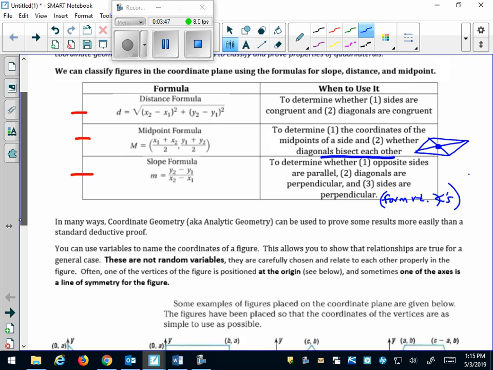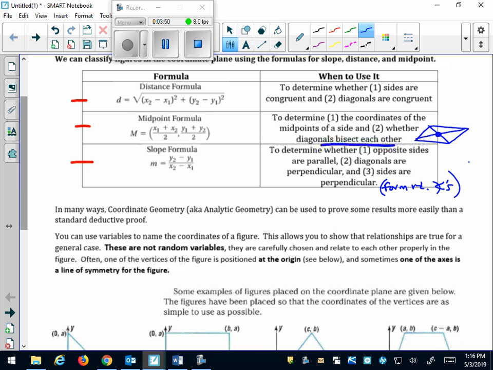The slope formula. What happens if 2 lines have the same slope? What do you know about those lines? Parallel, right. Same slope means the lines are parallel. And what if they're perpendicular? Opposite reciprocal slopes, right? So opposite reciprocal slopes are going to be like 1/2, and then the opposite reciprocal will be like -2, right? So when we talk about quadrilaterals, think back to the properties of quadrilaterals. Can you think of any properties that talked about perpendicular? Rhombuses had what? Perpendicular what?